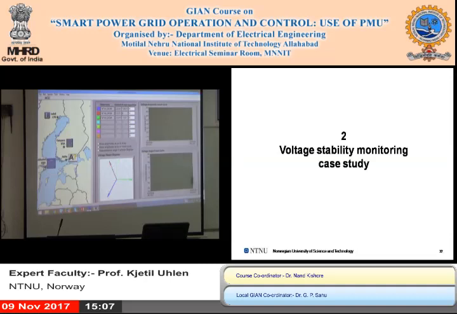Just a quick question. Why do the phasors move? Why are they not standing still? These are the voltage angles.